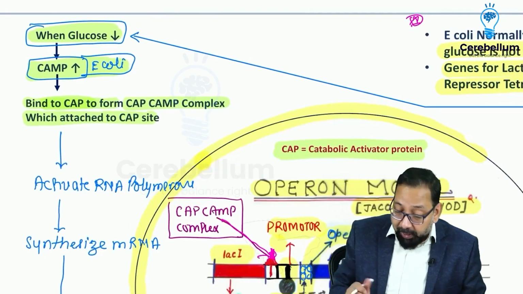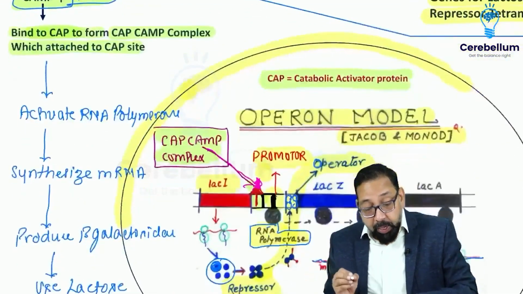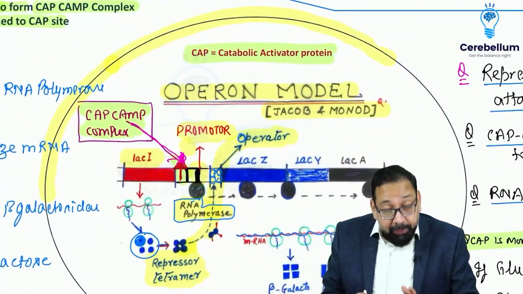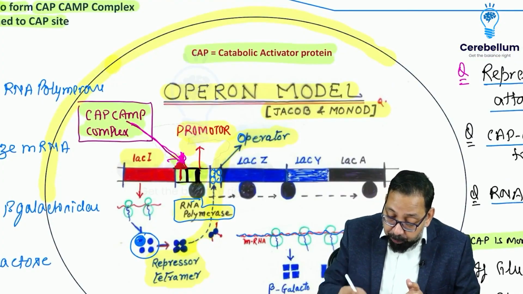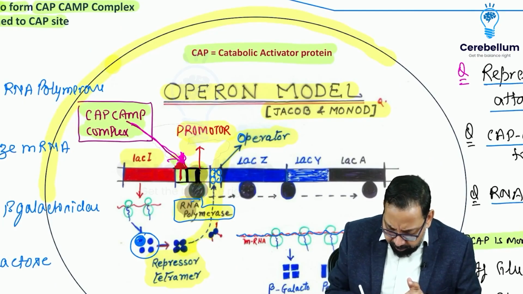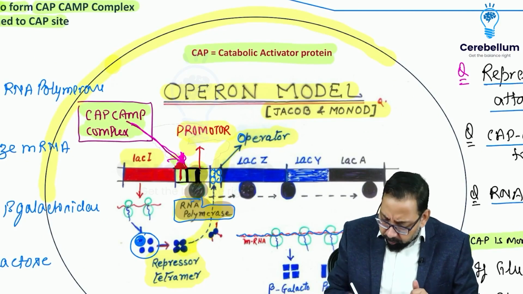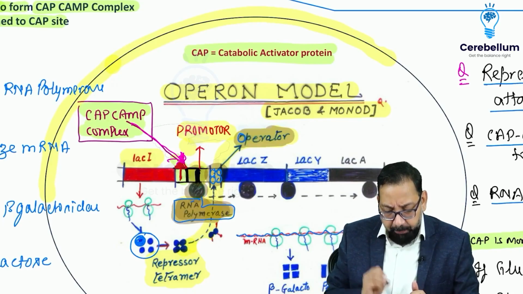I told you CAP-cyclic AMP complex binds to CAP site. Now, I give you a situation. RNA polymerase is attached to promoter region. Repressor tetramer, who is close friend of this RNA polymerase, is attached to operator region.